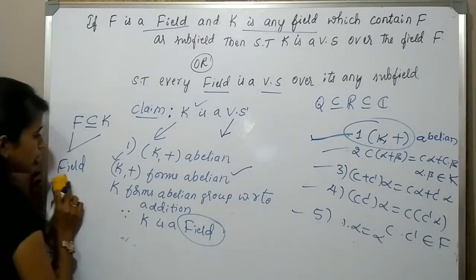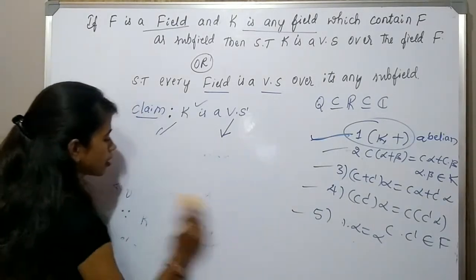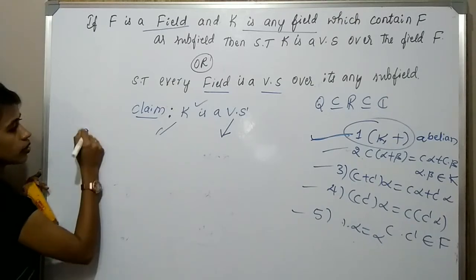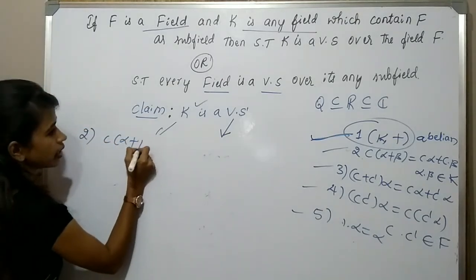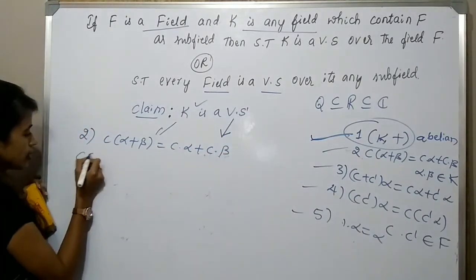So what is the second condition? The second condition is c into (alpha plus beta) is equal to c dot alpha plus c dot beta. Here c belongs to what?